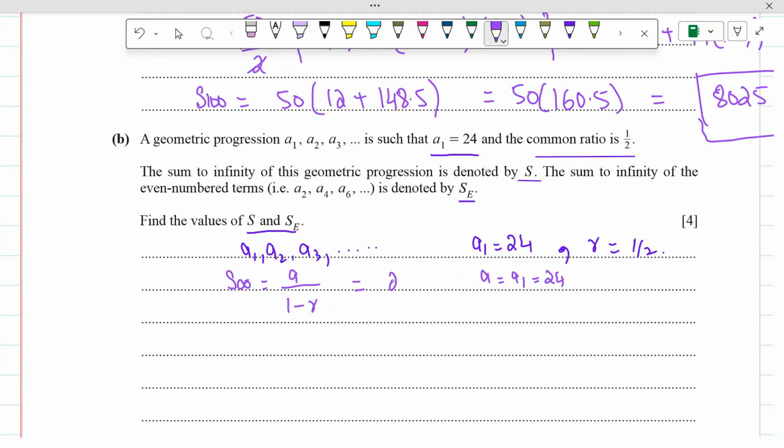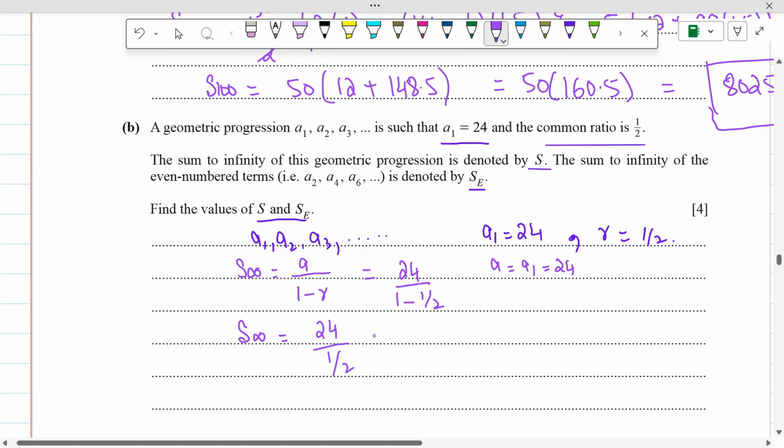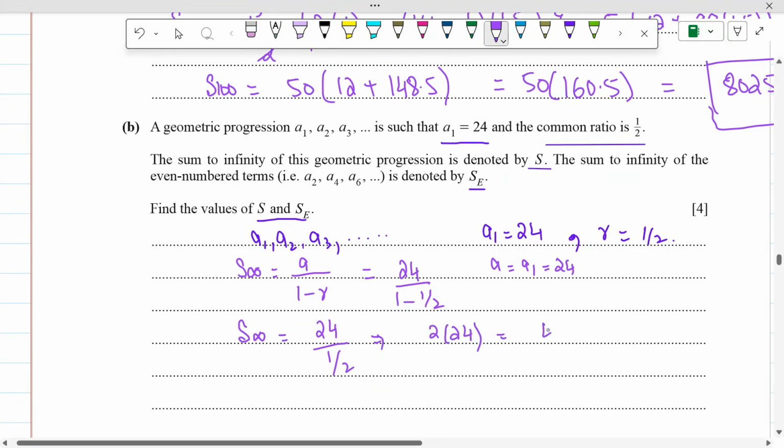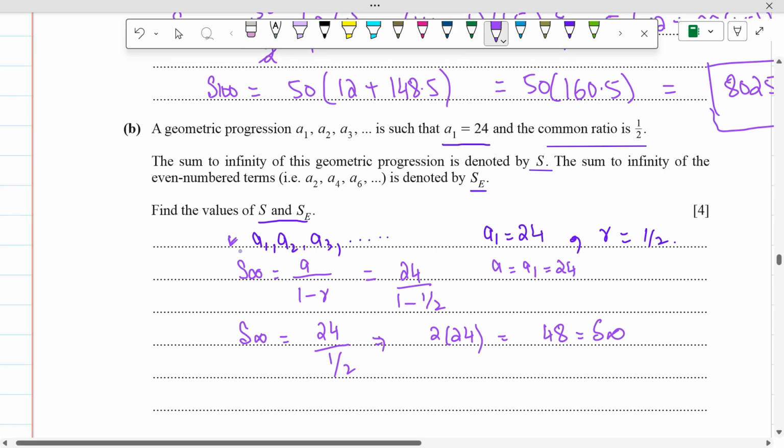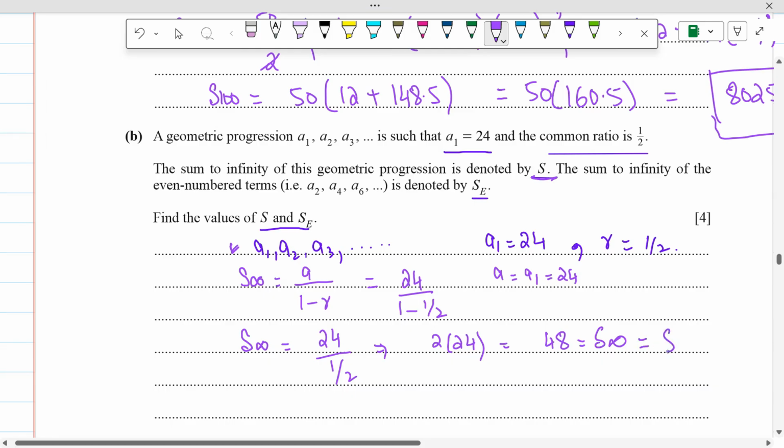So we can write 24 over 1 minus half, which is half, and this is equal to 2 times 24, which is equal to 48. This is the sum to infinity for this geometric progression, which is denoted by S.